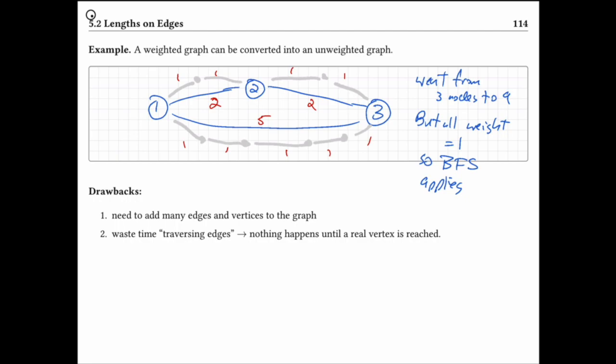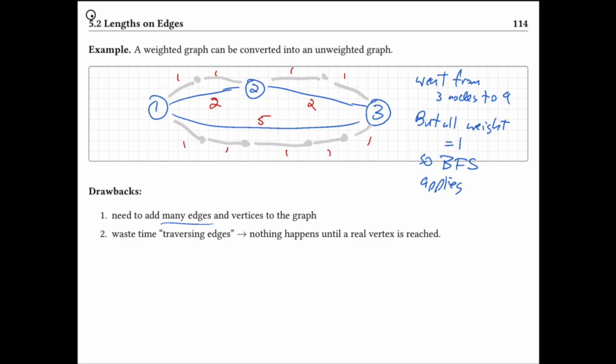We know it's going to have the same complexity in the number of vertices and edges as breadth first search, but obviously it's adding a lot of edges to the graph, so it's going to increase that constant even though it's still order the number of edges plus the vertices, which is what we got for BFS before. It's going to be a much larger constant, so that number is going to be bigger. And if the graph is large, it's not going to be very good.